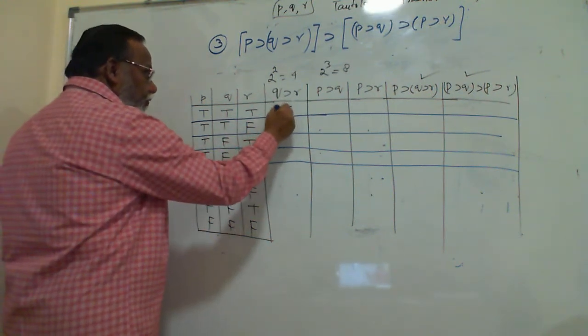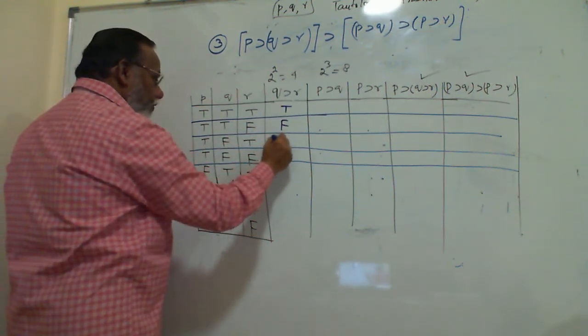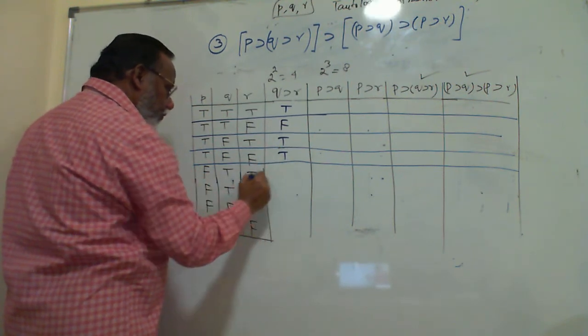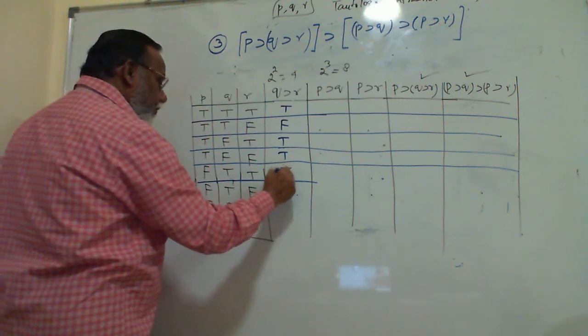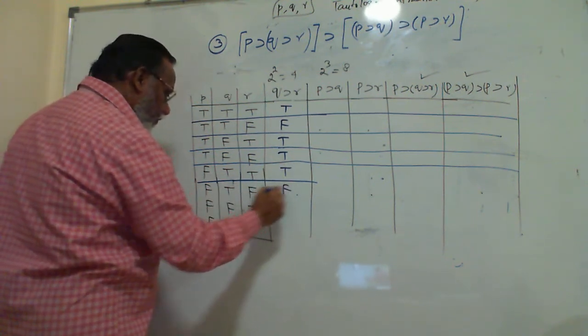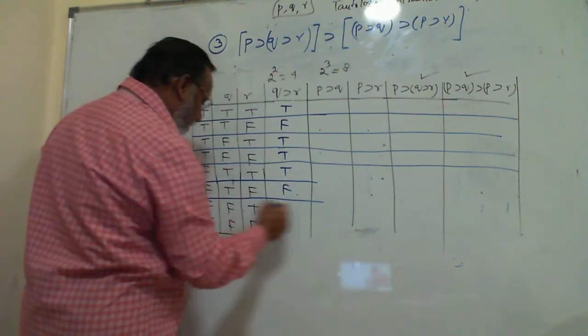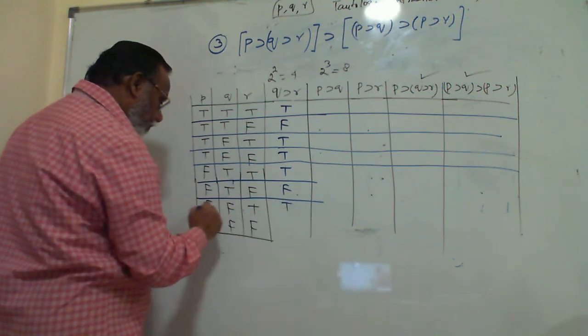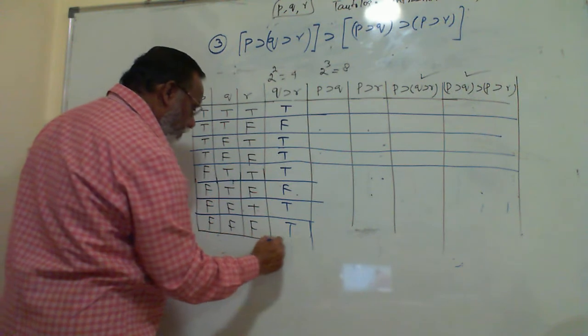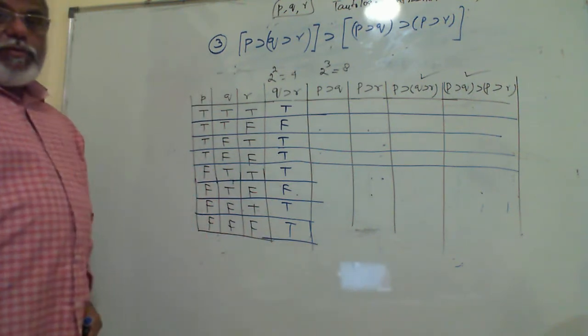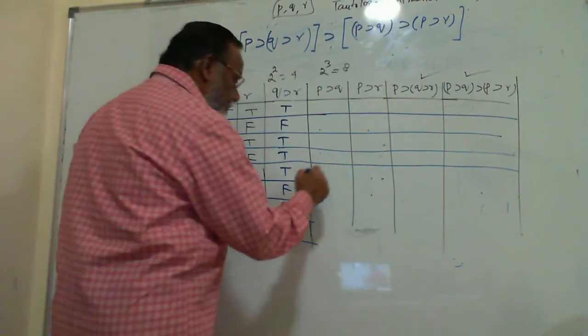So this is true, this is false, this is true, this is true, this one true, this one false, this one true, and this one also true.